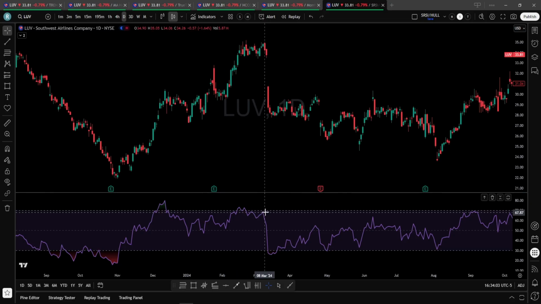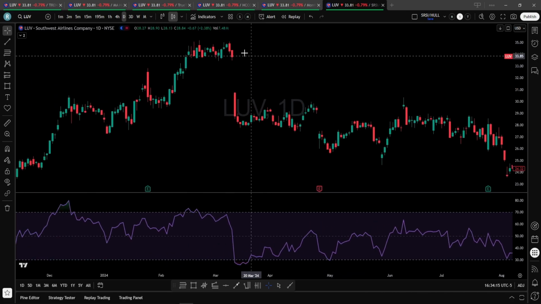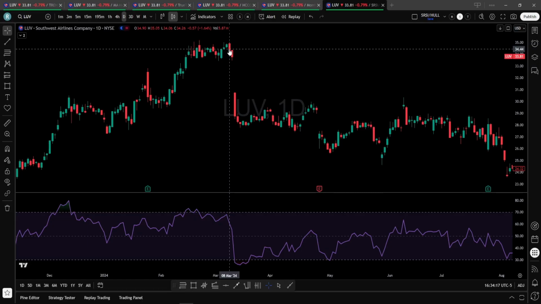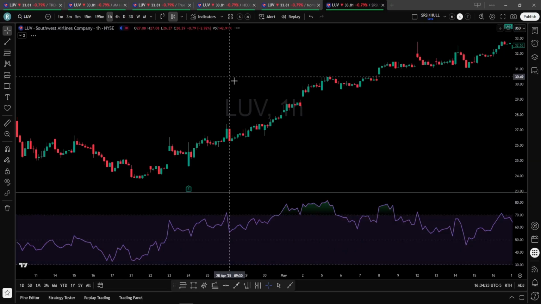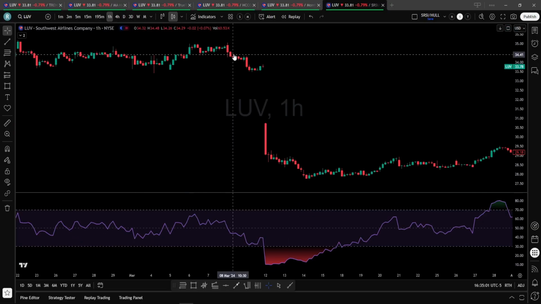But again, what you can do is you'll notice here, once it turns down, and in that case it occurred on March 8th, 2024, that price bar right there. And 2 days before the big drop, March 8th, go to the hour chart. March 8th is right here.